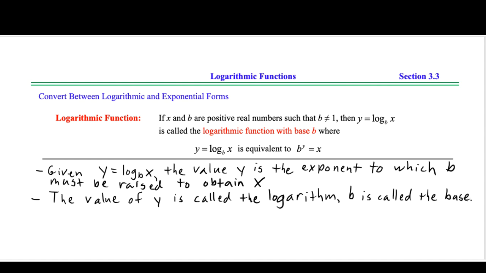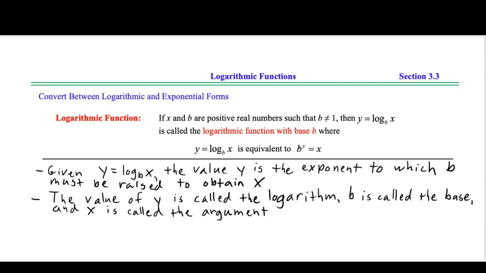And x is called the argument. So a logarithm has three parts: the logarithm, y, the base, which we call b, and x is the argument.